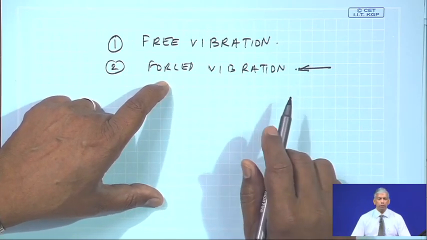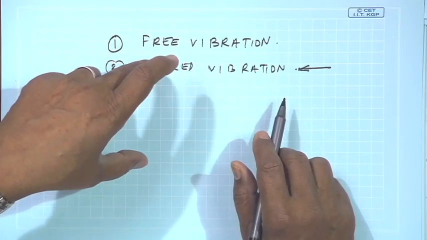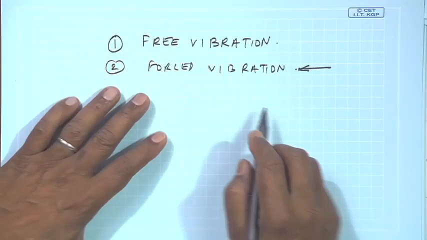And particularly in CBM, whenever we do vibration measurements from any machine, we will see the frequency of this forced vibration being reflected in the measured time history.